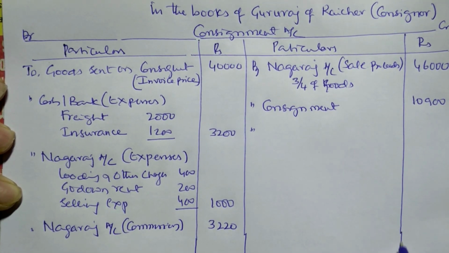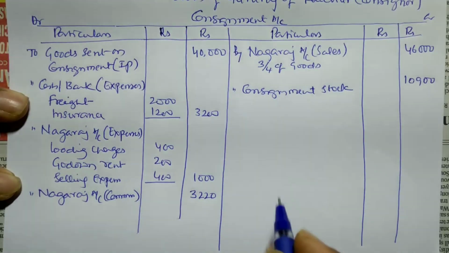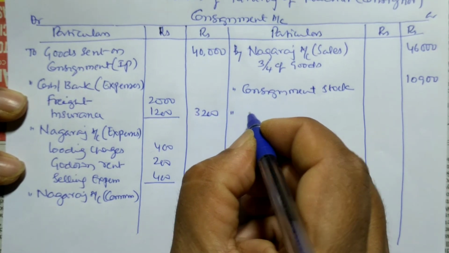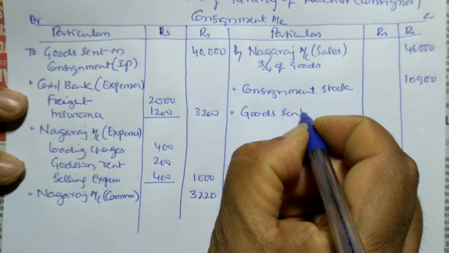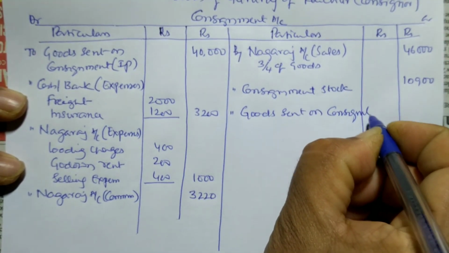First, we have to total the credit side as it is higher than the debit side. Before closing, we must cancel loading on goods sent on consignment.